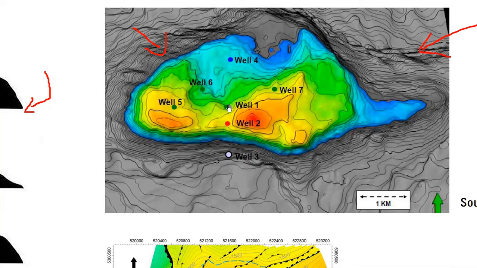Crestal area. And then at the lowest part of the reservoir, well 4. So if you drill your well at this location, most likely you will only get water. Okay? Karena Anda mengebor di daerah yang dalam, lower side. Of course, you will only find water there.